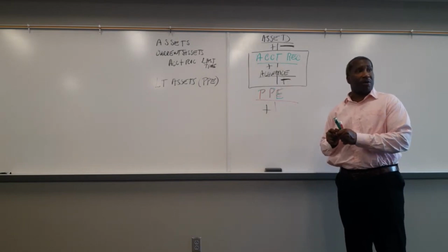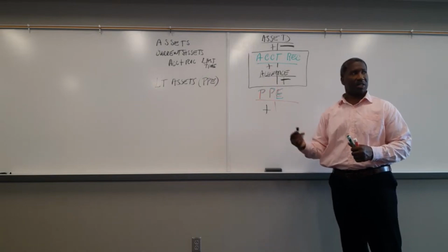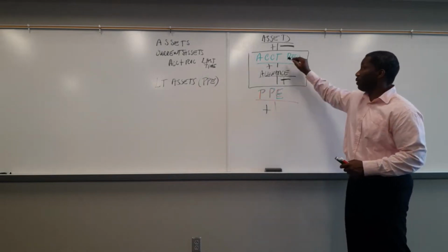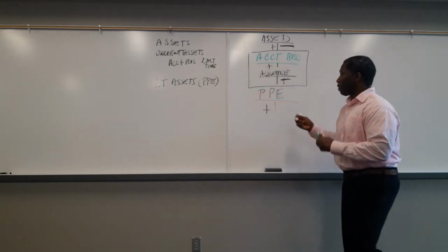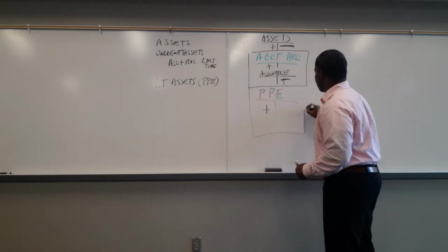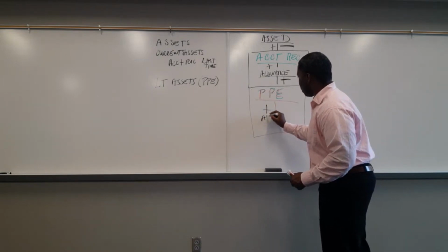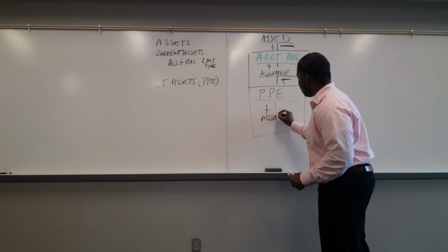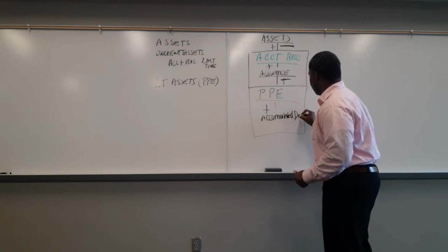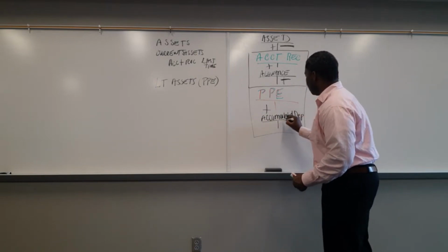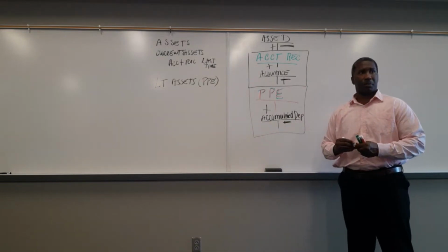Once we recorded the revenue, we did not touch the revenue. We used another account, the sales discount or sales return allowances. Well, the same thing we previously did for accounts receivables, we're going to do now for property, plant, and equipment. We're going to show a reduction in property, plant, and equipment using an account called accumulated depreciation. And in order to have a decrease in that, we're going to go to the credit side, okay?